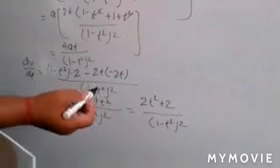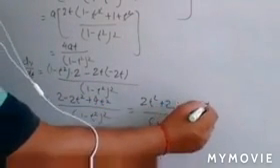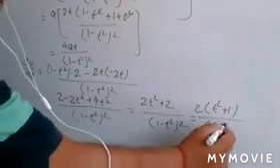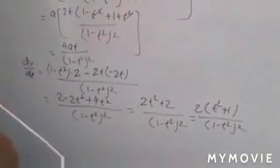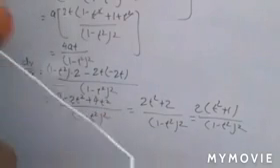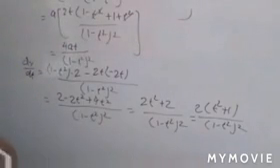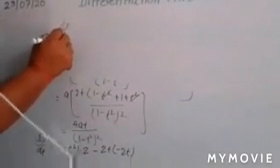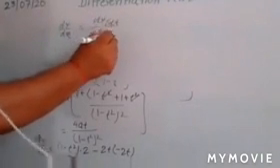Okay. So you can take 2 common. So if you're taking here 2 common, so you have t square plus 1 upon 1 minus t square whole square. Now find the value of dy by dx. So dy by dx is equal to dy by dt upon dx by dt.